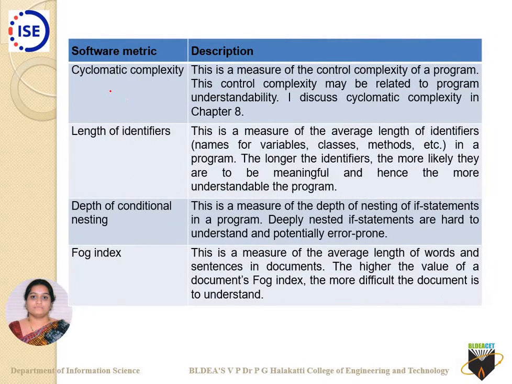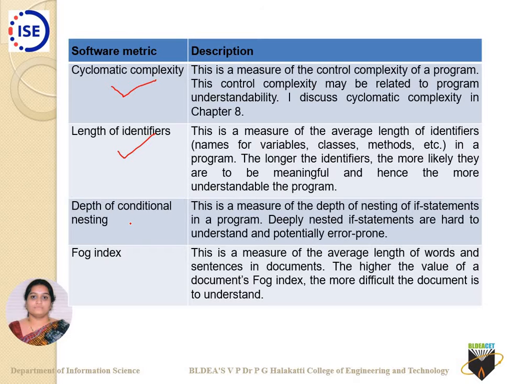in components. Then we have cyclomatic complexity, which is the measure of the control complexity of a program. It might be related to program understandability. Then length of identifiers. Identifiers are the names of the variables, classes, methods, whatever you are considering. The longer the identifiers, the more likely they are meaningful to identify those variables.